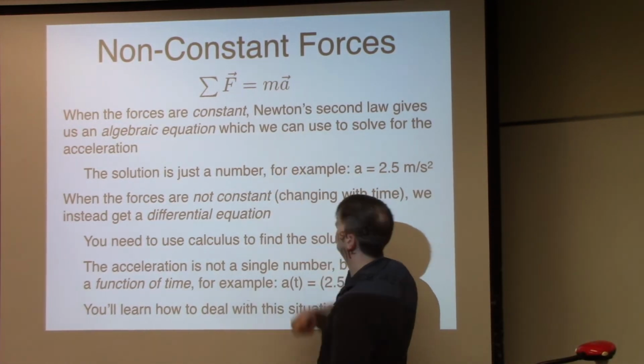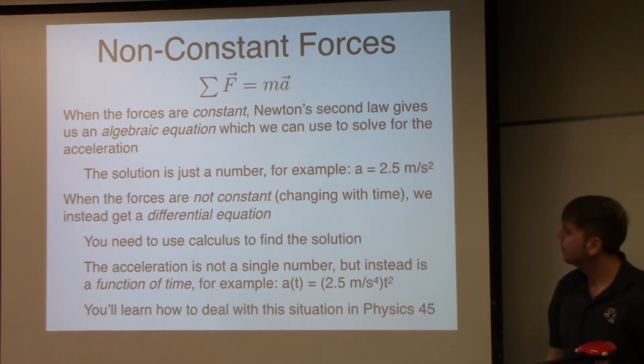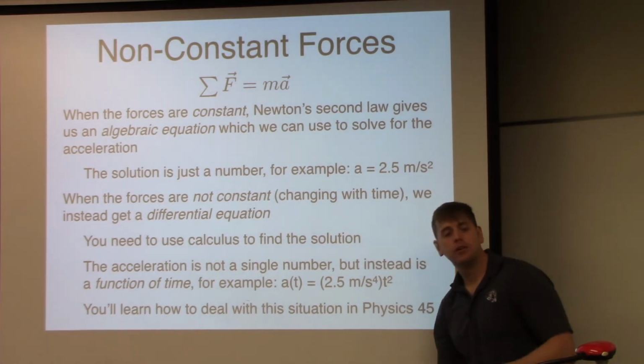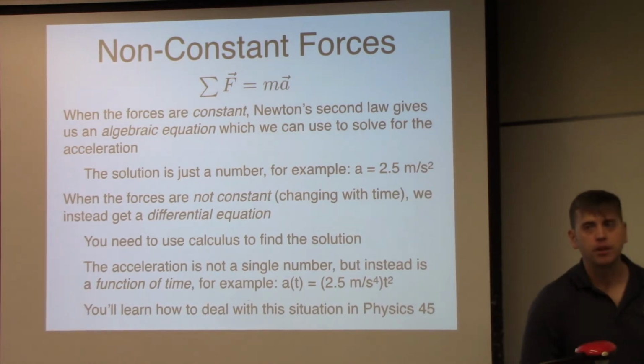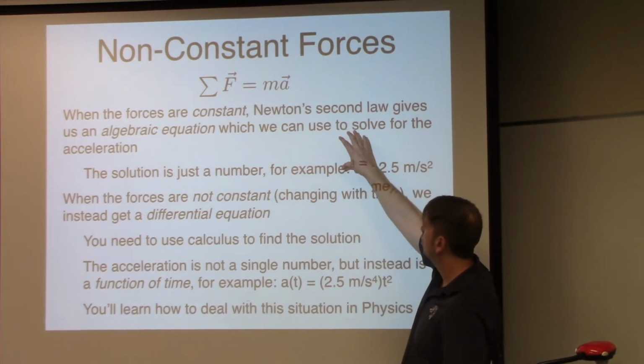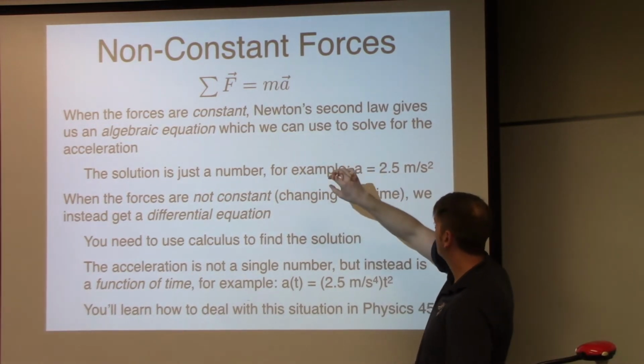And the result, what we get for our solution for a, is just a number. So maybe a is equal to 2.5 meters per second squared. Okay? So hopefully by now we're used to doing this kind of thing, where we solve an equation, it's algebraic, and you just get a number out.